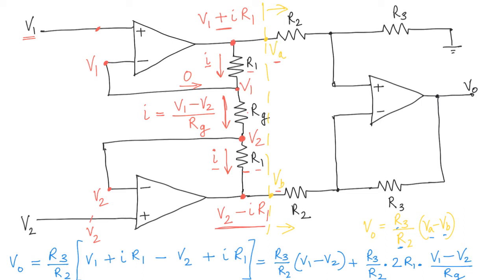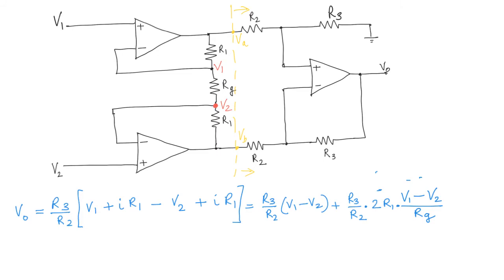Okay, so let me take this equation to another slide and we'll resolve it and see what the output of this circuit is going to be. So if we resolve this equation, what we get is (V1 minus V2) times the gain, and the gain becomes R3 over R2 times (1 plus 2 R1 over RG).